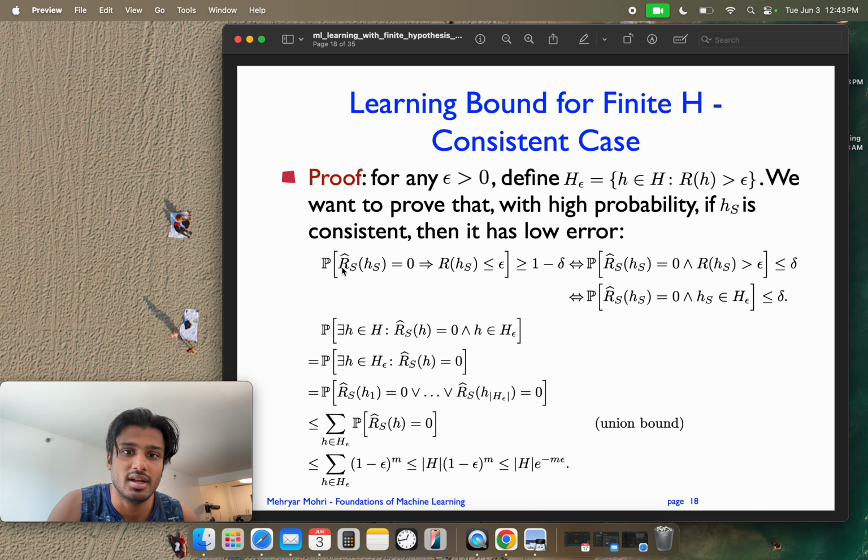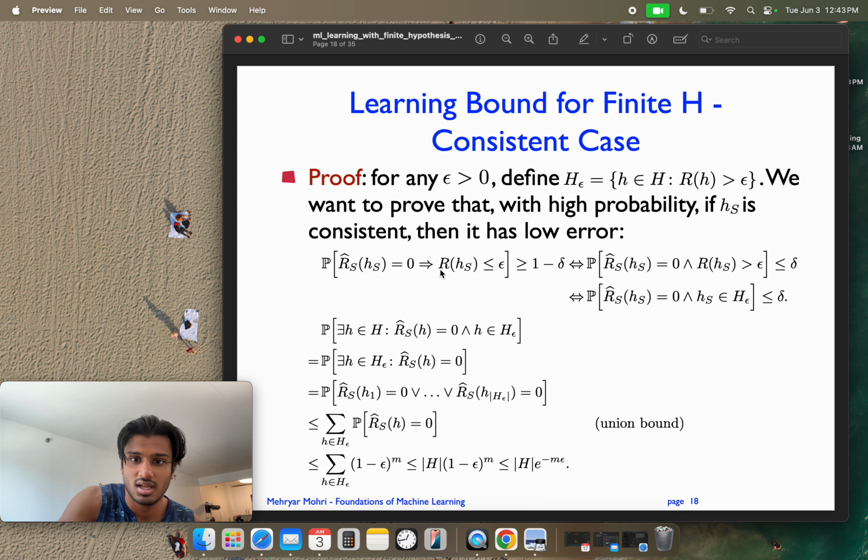That's what we need to bound. What is the probability that if the empirical risk is 0, that implies the real risk is less than epsilon? And we want to bound that by 1 minus delta. Equivalently, we can say that the probability that the empirical risk is 0 and the real risk is greater than epsilon is less than delta.